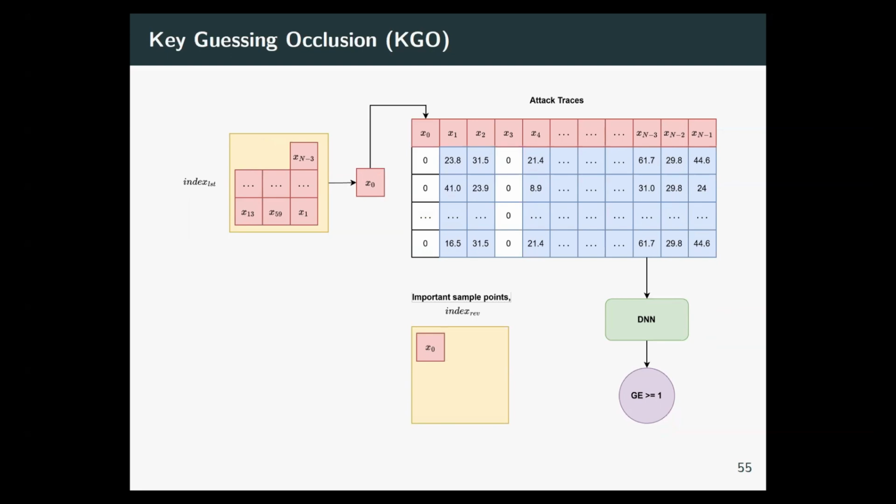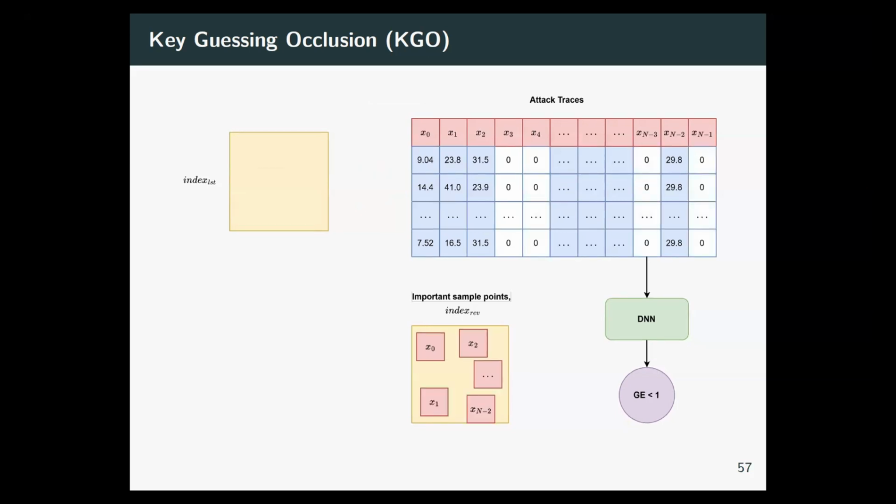Then we take the next sample point, x0, and we occlude it again and rerun the attack phase and get the Gaussian entropy. Now, suppose the Gaussian entropy is more than or equal to 1, this means that this x0 is important right now for the deep neural network to recover the secret key. So we keep this x0 and replace back the original value of the attack trace.